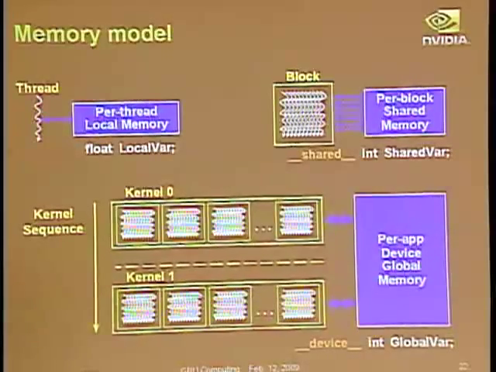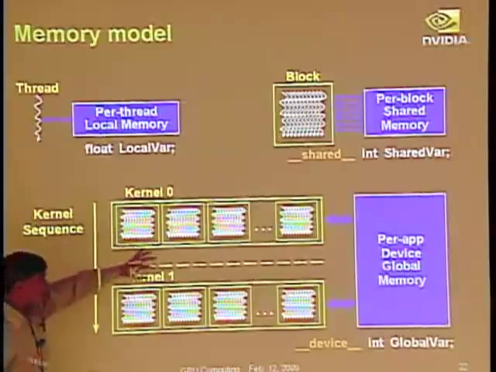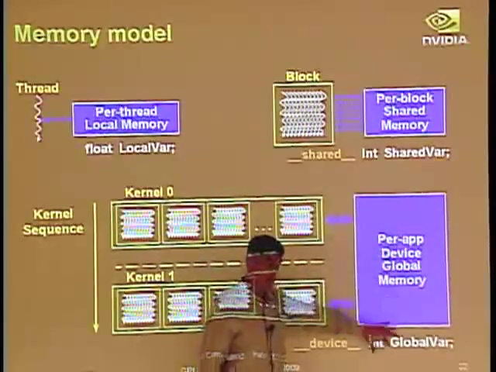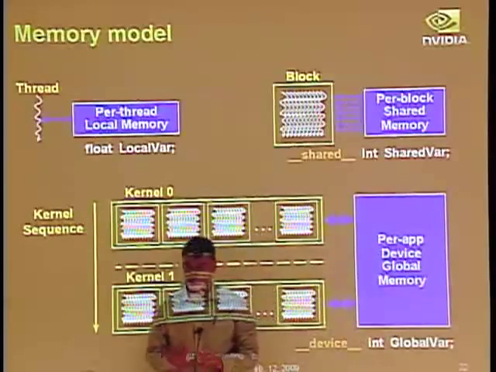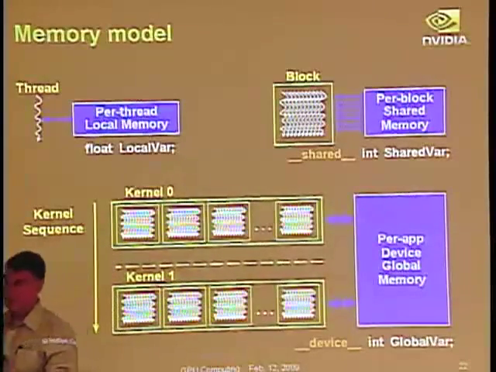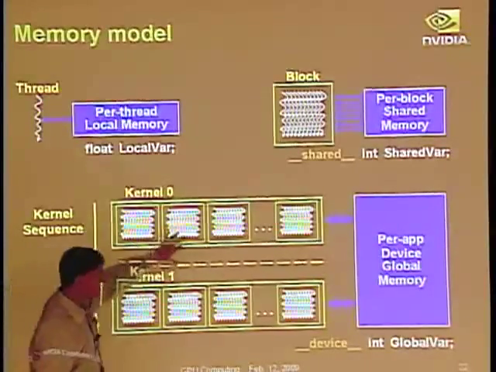The number two new thing was the notion of taking the DRAM and viewing it as a big, flat global memory, whereas before in graphics, DRAM was viewed as textures and as render targets or frame buffers. In CUDA, that DRAM is just a big pool of bytes, and you can load and store any byte you want to.